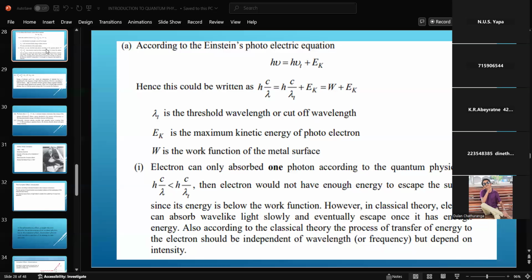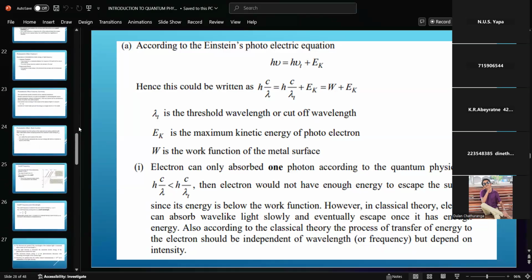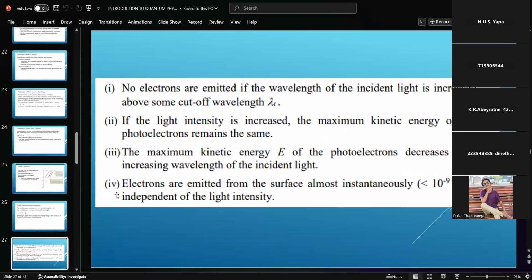we can move to the slide share. Then you can see here the explanation we need for this one. First one: no electrons are emitted if the wavelength of the incident light is increased above the cutoff wavelength lambda t.